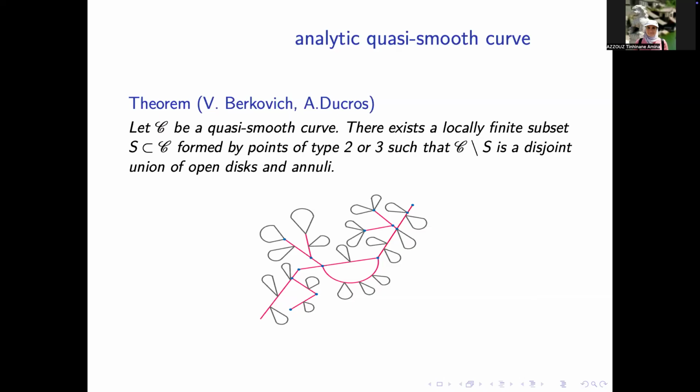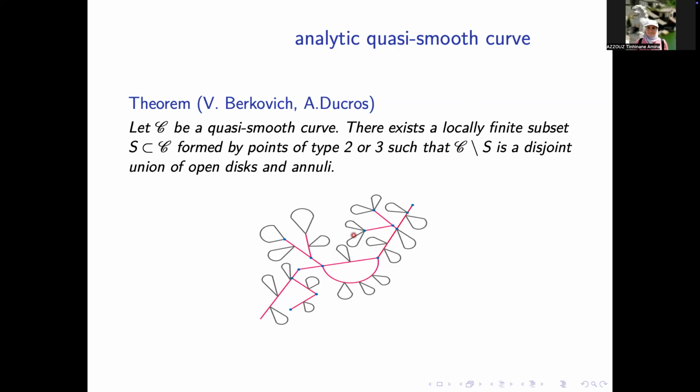I cannot give the definition, but I will just explain how it looks. Except for a locally finite number of points of type 2 or 3, everything is isomorphic in some sense to a part of the affine line.